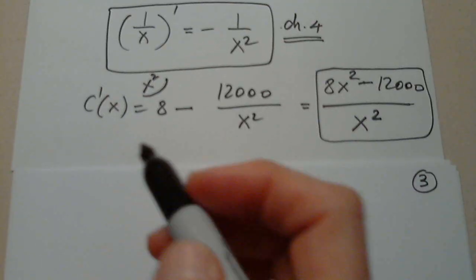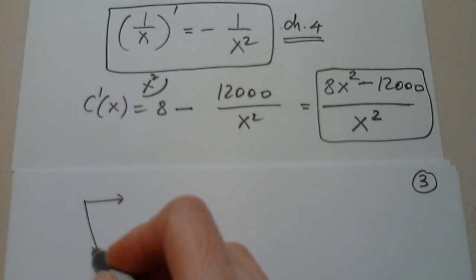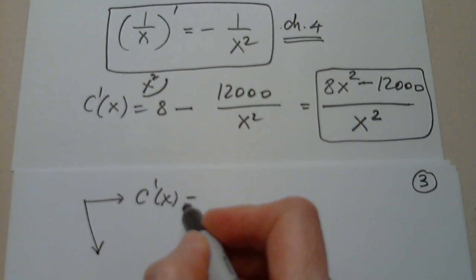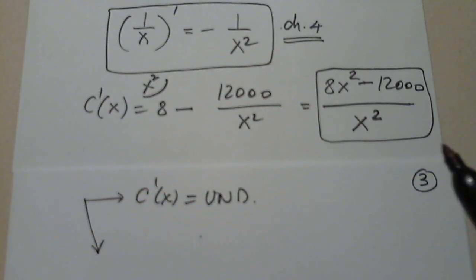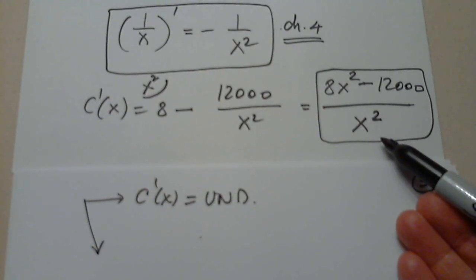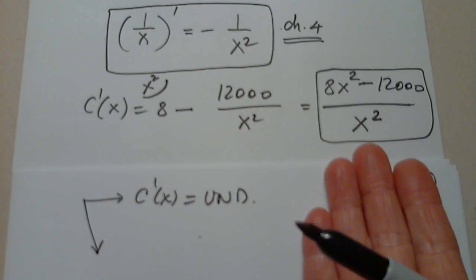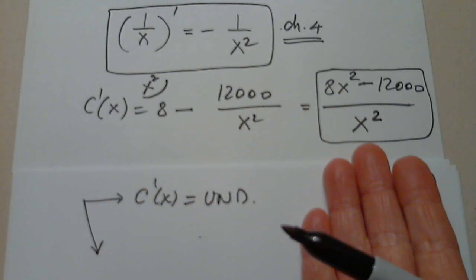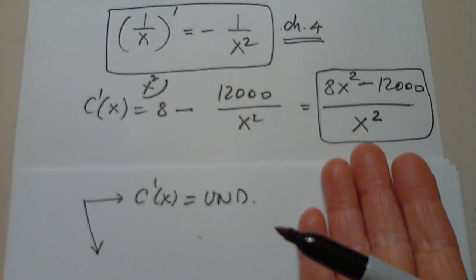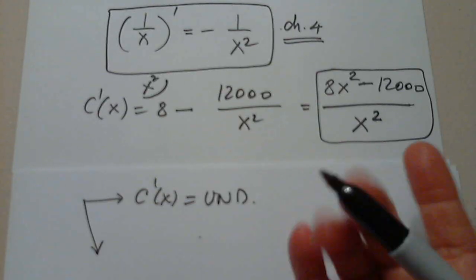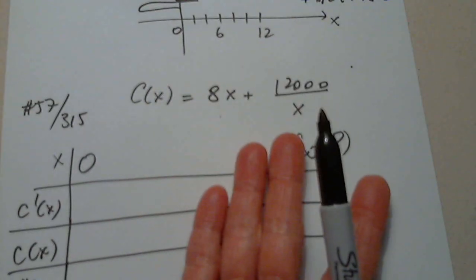As we know, critical numbers come from two sources, either c prime of x being undefined, but it's undefined for what x? What is the x for which this is undefined? When x is 0. Right, but so is the function.